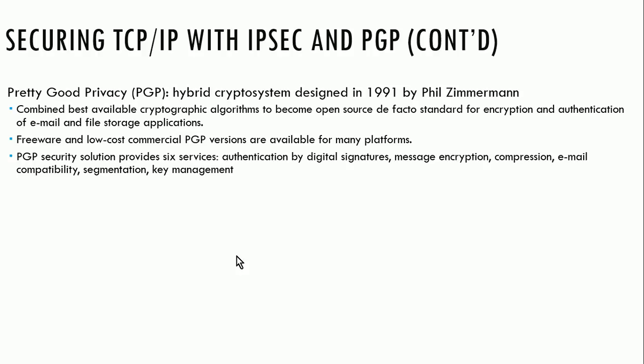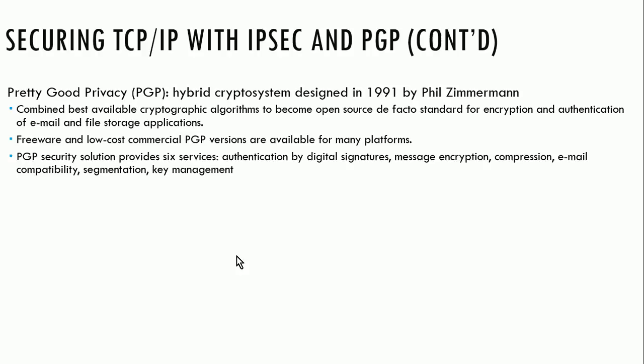All right, so PGP, or Pretty Good Privacy, was a crypto system designed back in 1991. I believe GPG is the open source version of this, but it combines the best available cryptographic algorithms for an open source de facto standard for encryption and authentication for email and file storage.